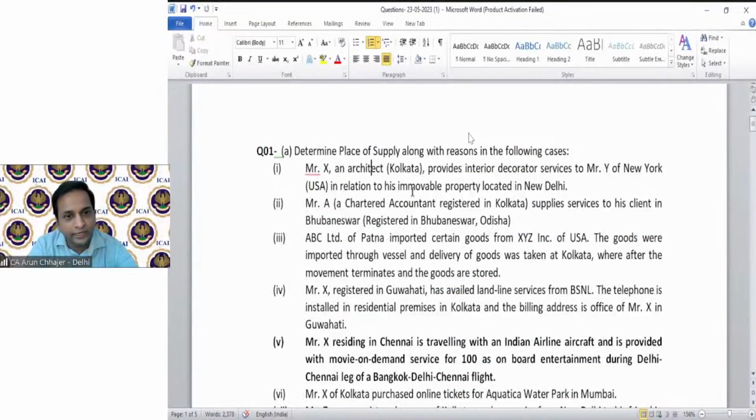Now we have two more classes, which will cover all the balance topics. We have completed ITC in 2 classes, and we have also completed the charge of the GST in 1 class. Now the balance topics, like place of supply, time of supply, valuation, invoice, accounts and records, etc., would be completed in the balance 2 classes.